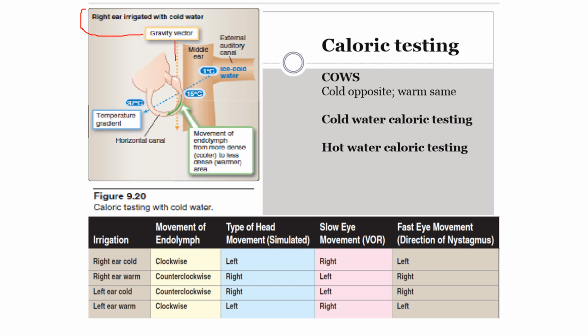Gravity vector. Okay. Movement of the endolymph from a more dense, cooler to a less dense or warmer area would happen here. Okay, so we could see this ice cold water coming in, and then that's going to cause a change here of that movement of that endolymph.